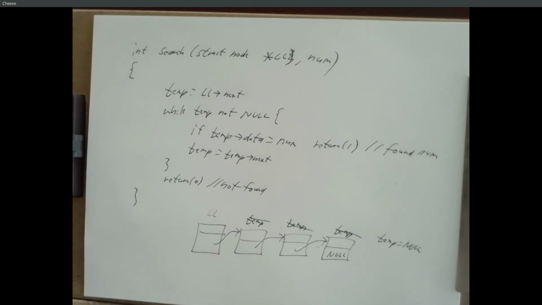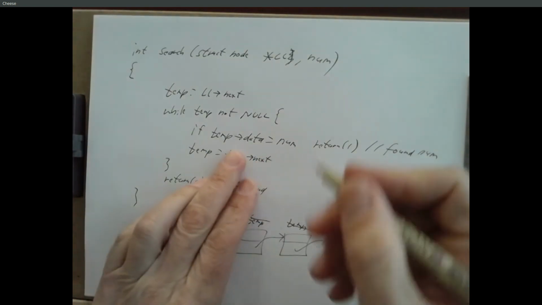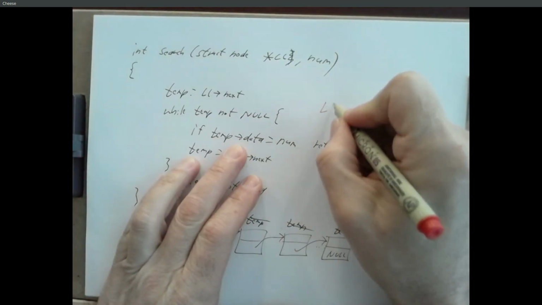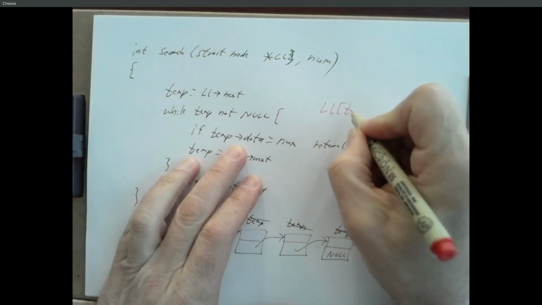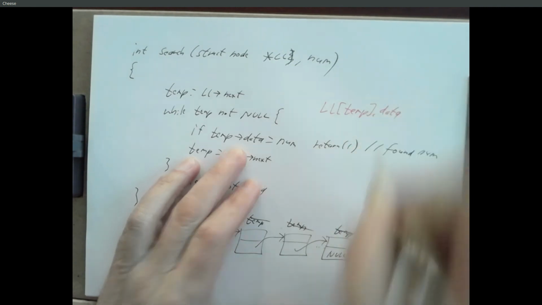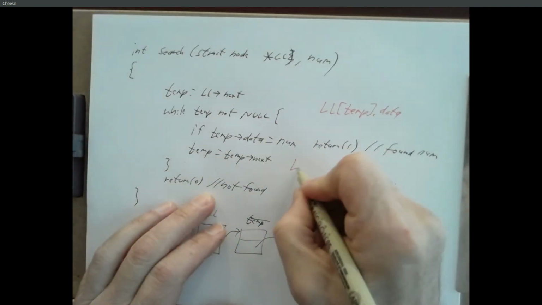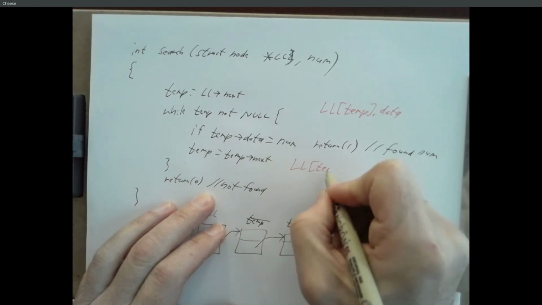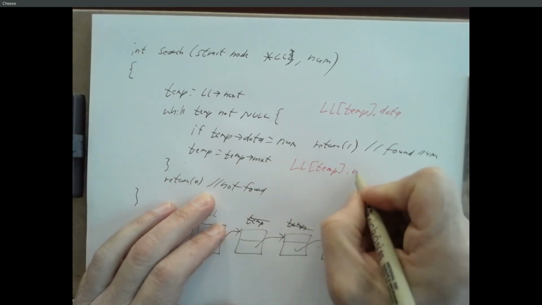So PA2 is going to look really, really similar. Now, when we converted from pseudocode to actual C code in PA1, temp arrow data became something like LL bracket temp dot data. Temp arrow next was something like LL bracket temp dot next.